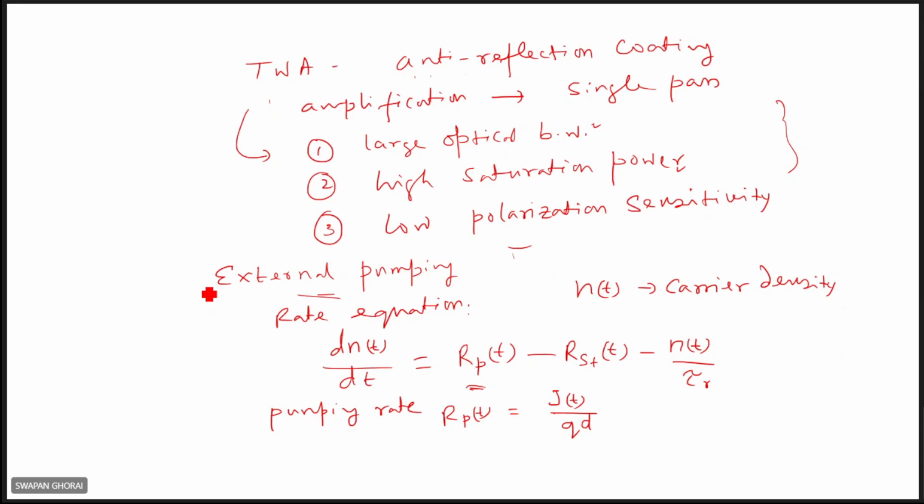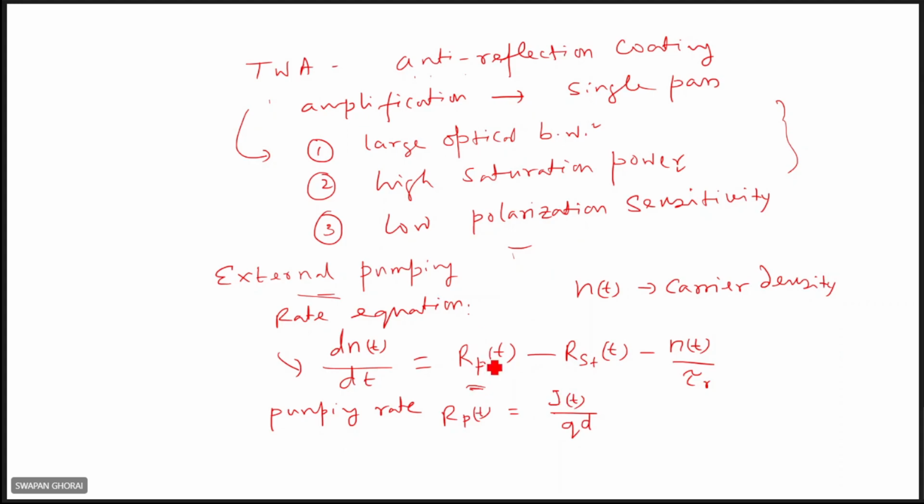So the rate equations can be written in this case very similar to lasers. There will be a pumping rate, R_P, because of lamps, or it can be current. For the semiconductor case, it will be J by qd, the number of carriers injected. J is the current density, right?